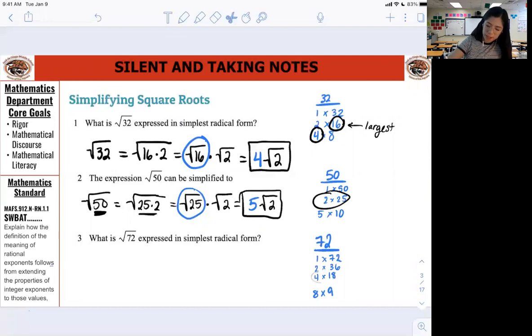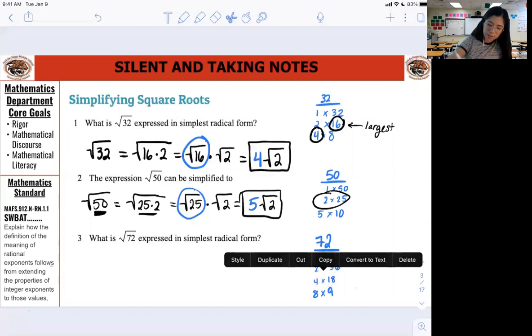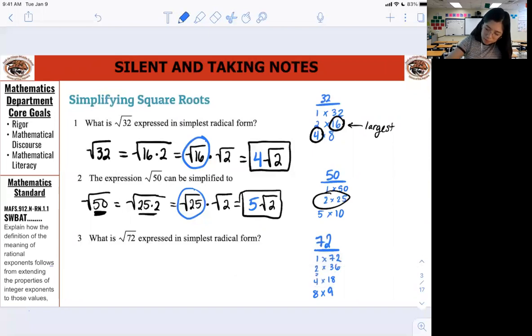This is one of those numbers that has a lot of factors, so I'm going to try to fit them all. Anything else? I think there's one more. 6 times 12. Good. Okay, so there are all my factors.